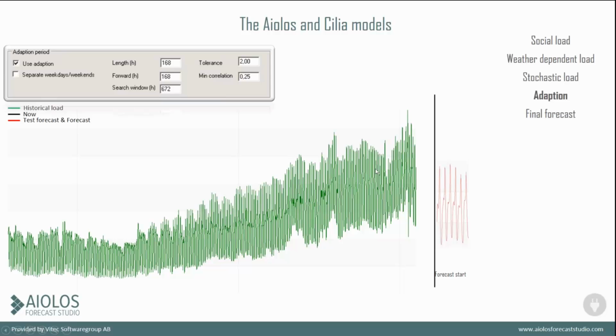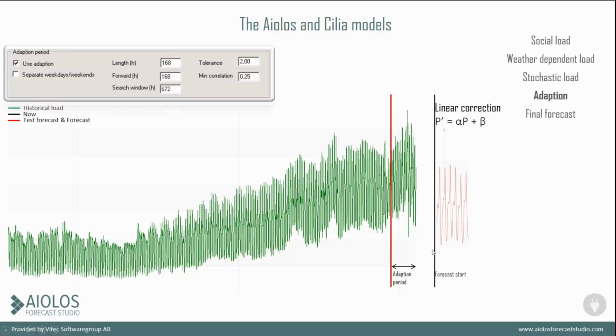Then the adjustment would be greater, and the longer it is, the smaller the adjustment would be, but it would be slower. And the forward tells you how far forward it should make the adjustment for the forecast.